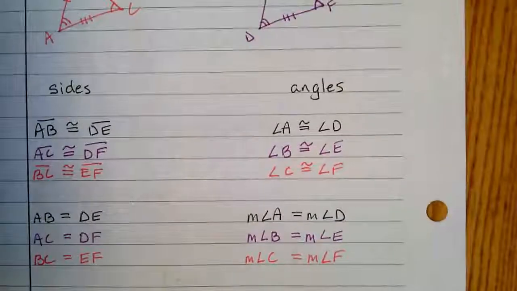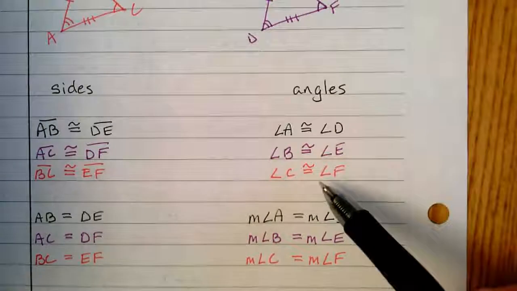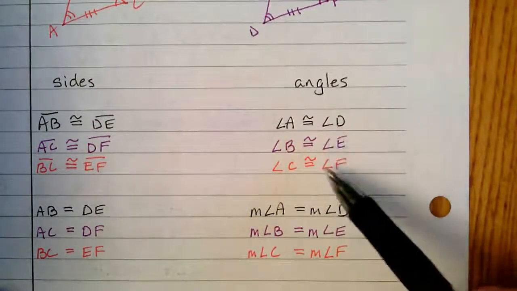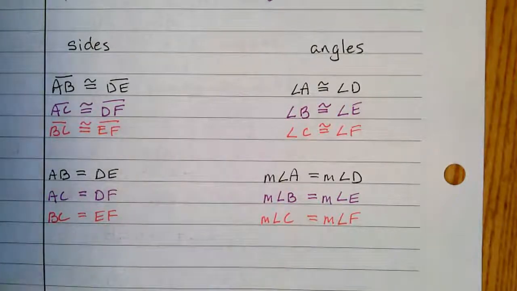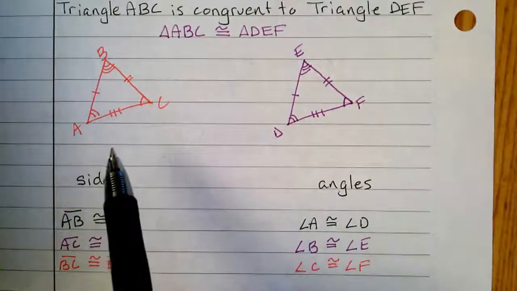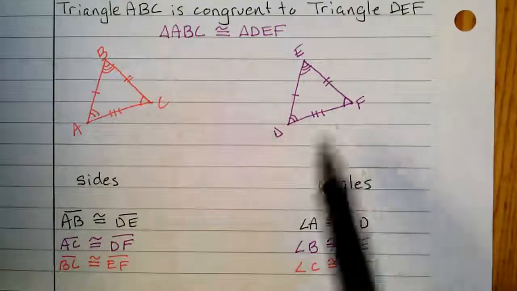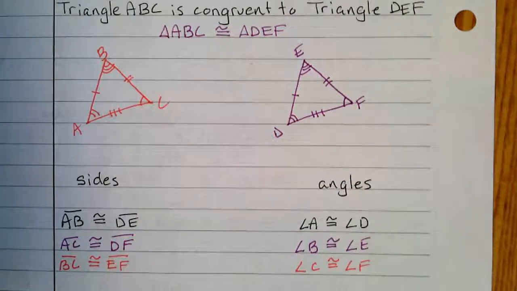I would also be telling you that each angle in triangle ABC was congruent to an angle in triangle DEF, which would mean they had the same measure. Basically, all the parts of triangle ABC match up with a part in triangle DEF, and the other way around. Every part in triangle DEF matches up with a part in triangle ABC.